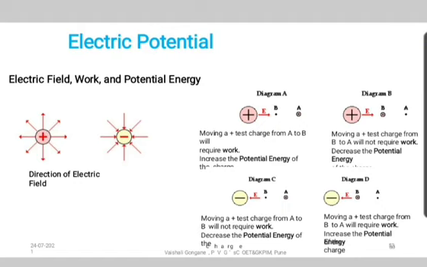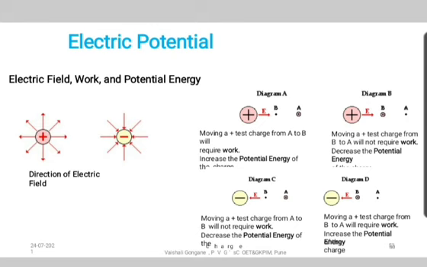And if we want to place the test charge in the electric field of charge Q1, then some work must be done by an external source to bring the test charge from the reference position to the final target position.